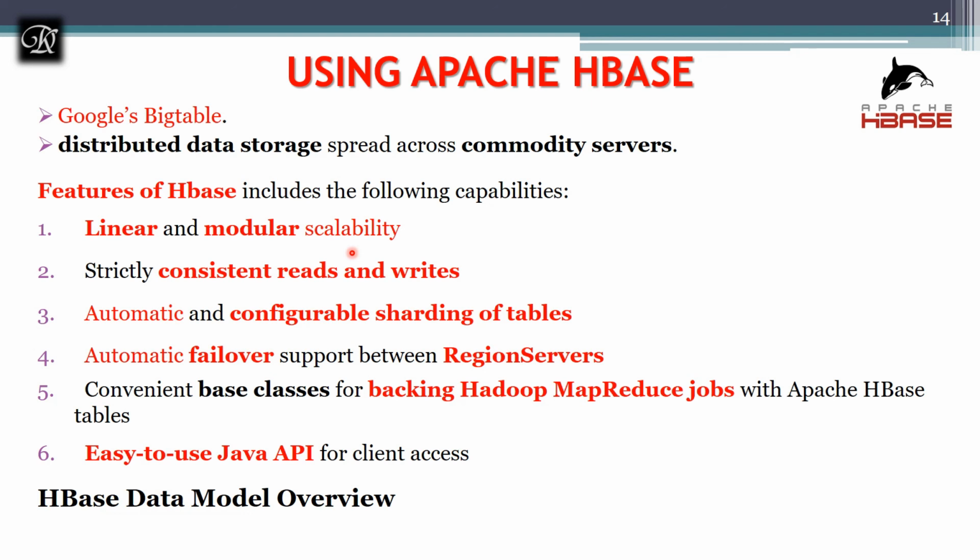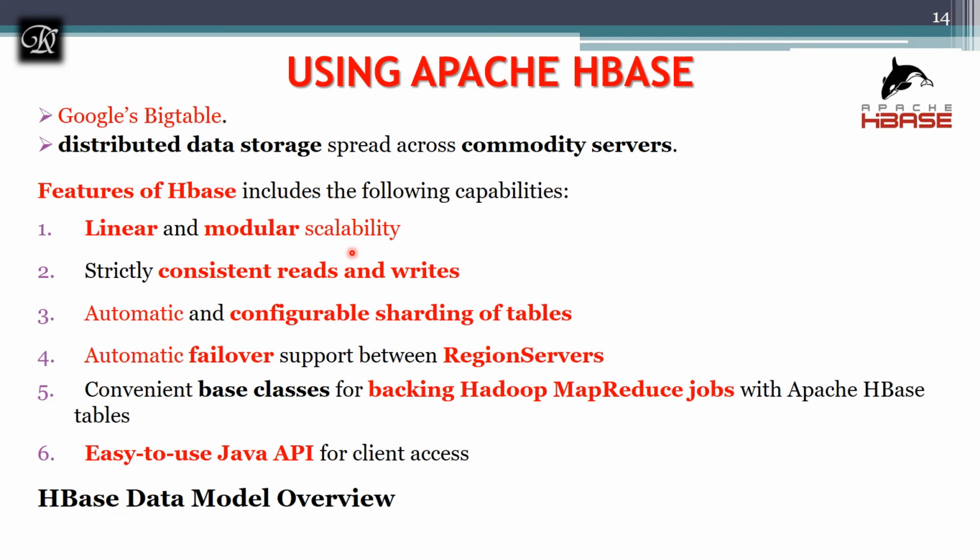And it's going to support atomic and configurable sharding of the tables. Next, if there is a failure, the atomic failover support is also provided by region servers. It's going to have region servers, and by that it's going to provide the atomic failover.